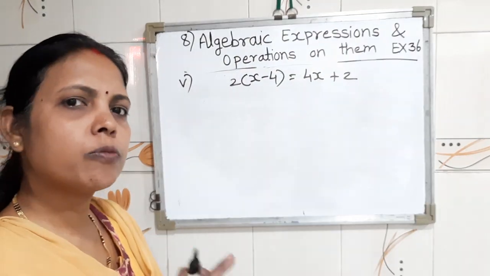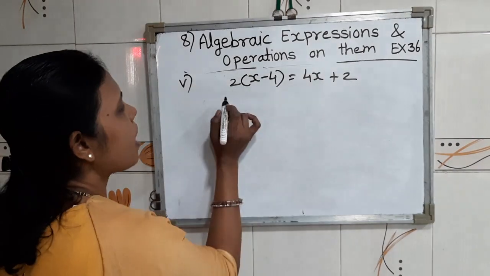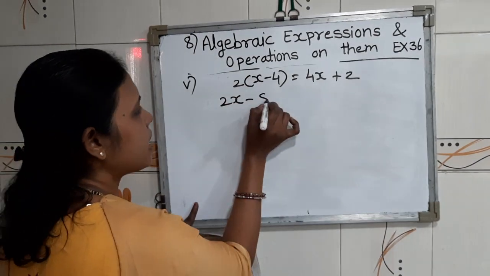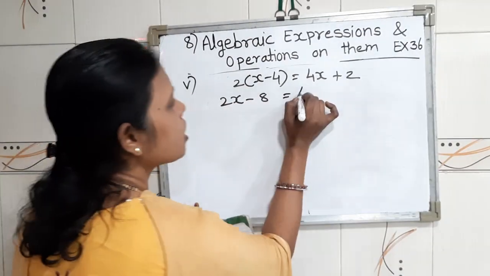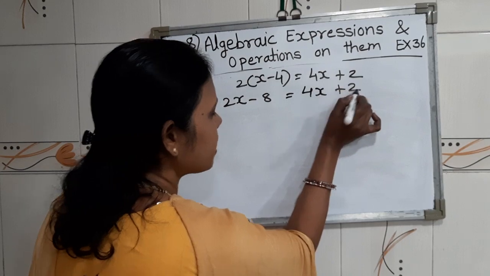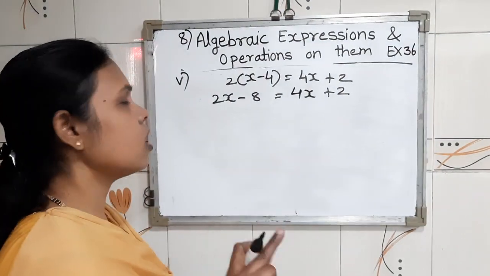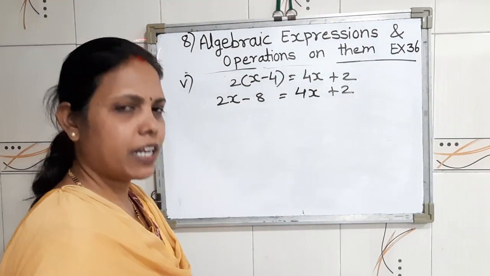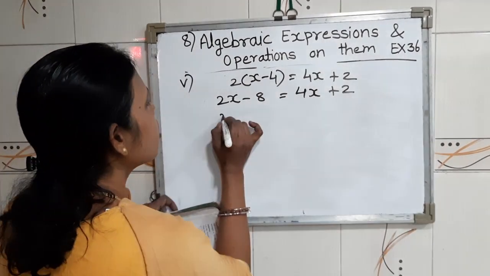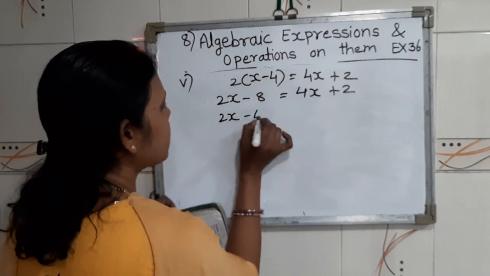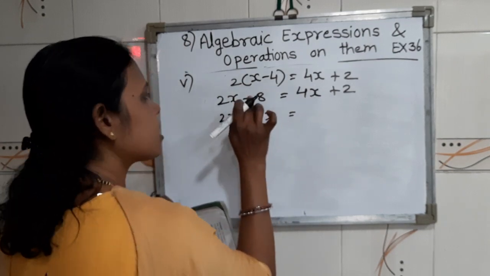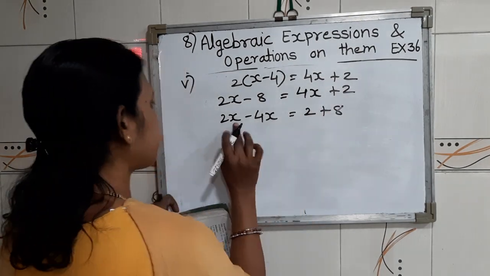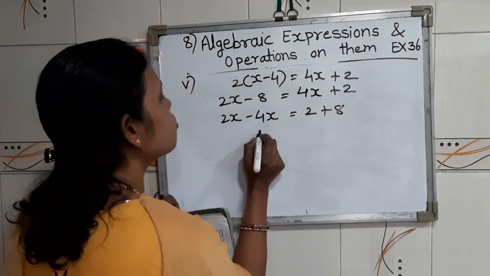First we will remove the bracket. 2 into x, 2x minus 2 into 4, 8. 2 4s are 8. Here whatever the numbers are there as it is. After that what I told, like term we will write with like term. Try to write variable in left hand side. Therefore 2x, this 4x we had taken left hand side and this minus 8 we will take right hand side with plus 8. Then 4 minus 2, 2.